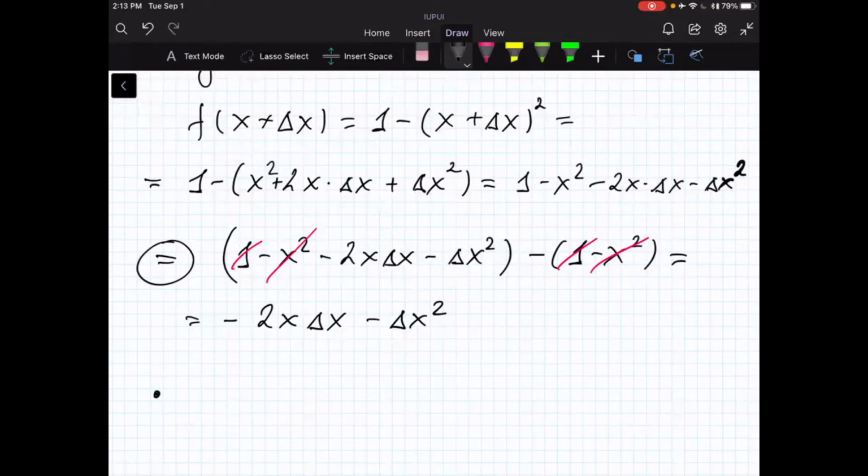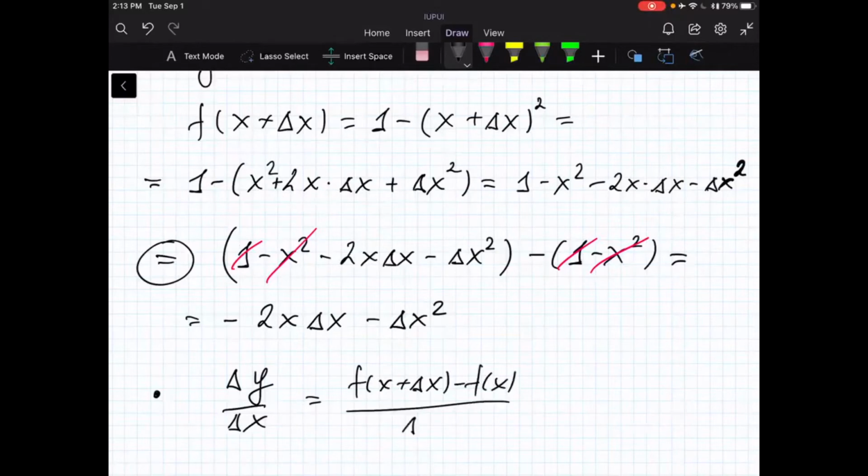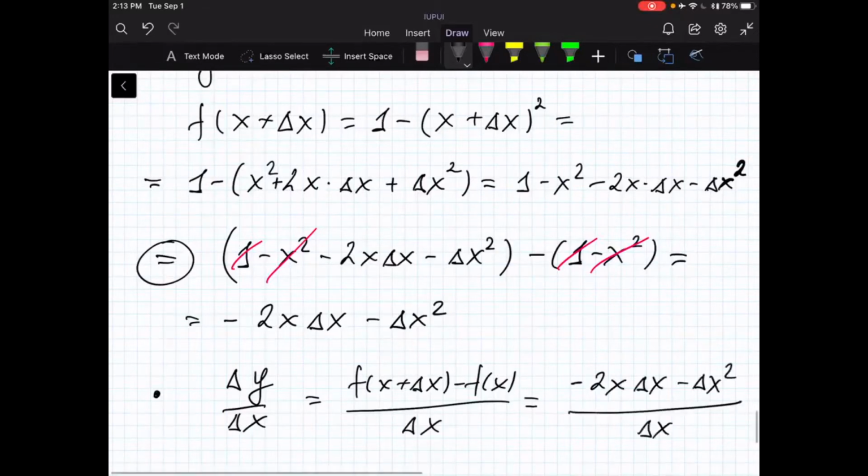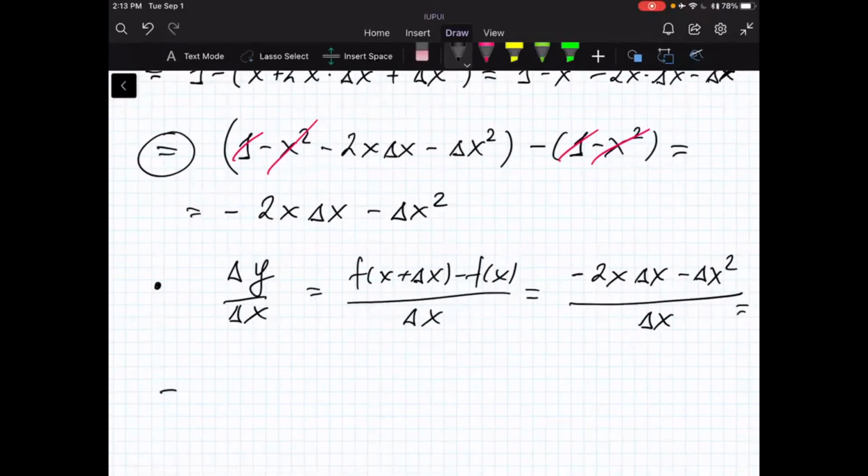And the second step is to write down delta y over delta x, which is the same as f of x plus delta x minus f of x divided by delta x. And this is what we calculated on the top. It is minus 2x delta x minus delta x squared, divided by delta x. And again, I see that delta x is a common factor.